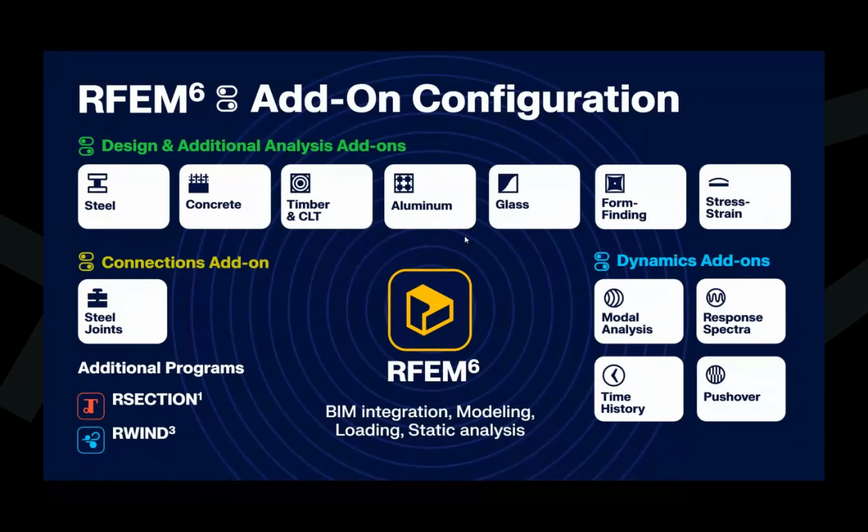This allows us to fully integrate with BIM software, which we'll talk about in just a minute. We have access to all of the standard cross-sections and the materials directly in this base program, where we can fully model the structure as well. If we're not using BIM integration, we can apply the loads and get a full static analysis.